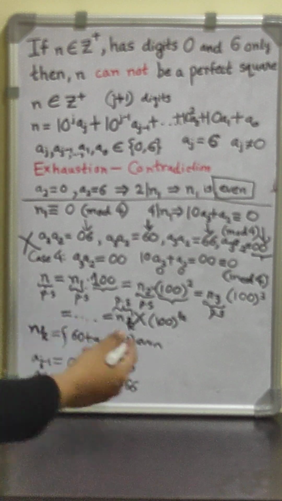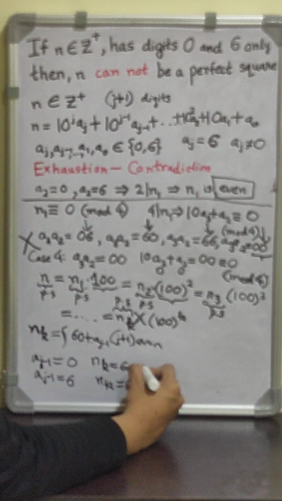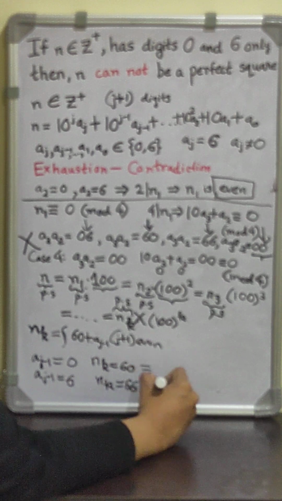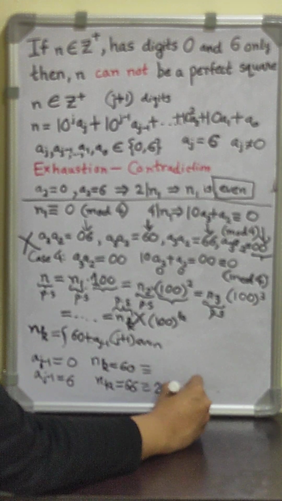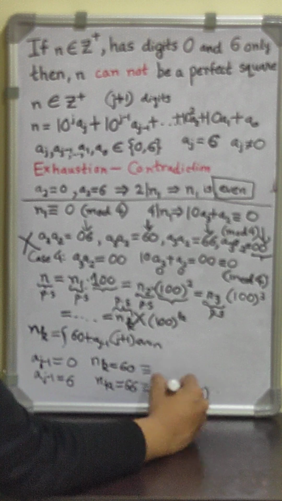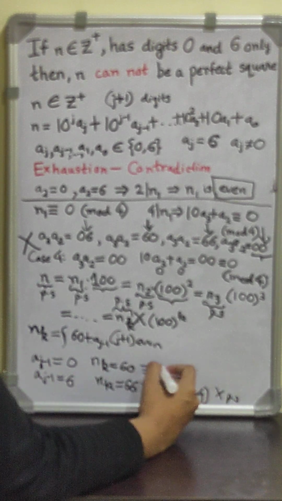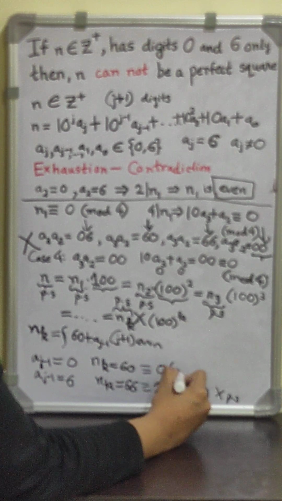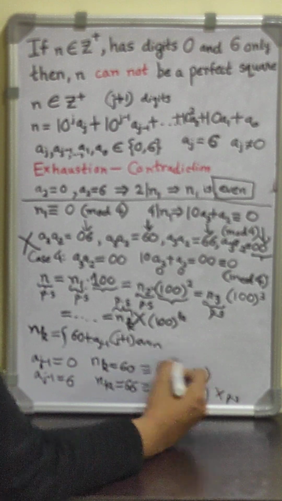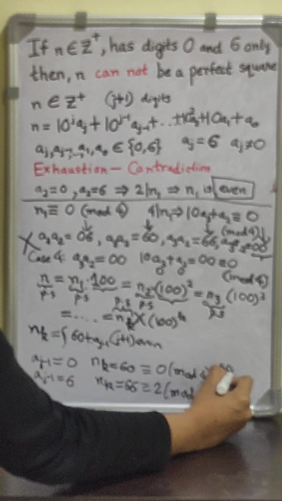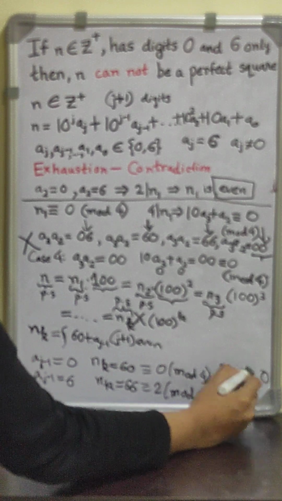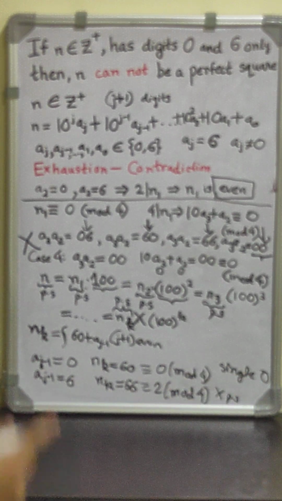And just to formally end it, this will leave a remainder of 2 mod 4, so this is not a perfect square. And this leaves a remainder of 0 mod 4, but there's a single 0. There you go.